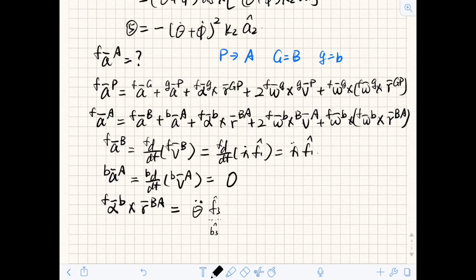Since the position vector RBA is K1 B2, we'll use B3 as the vector for the cross product, and we will get negative theta double dot K1 B1.